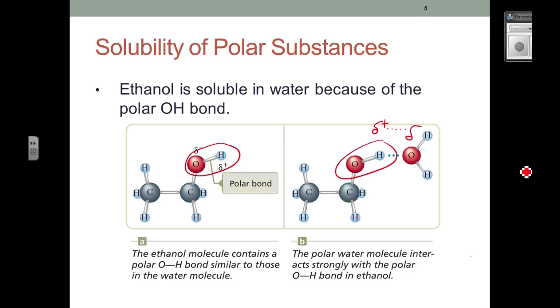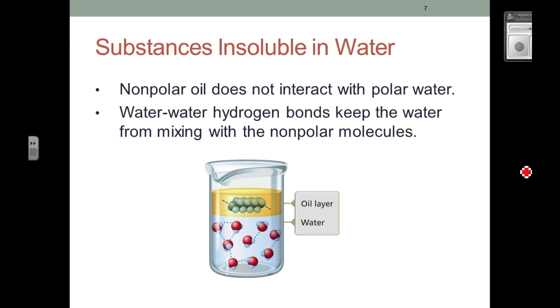What does it look like if something is not soluble in water? So right here, this is insoluble in water. We're looking here at oil and water. Oil, we're just going to draw a shorthand notation. It's a long hydrocarbon chain. So it looks like that, where at every corner there's a carbon with two hydrogens. So it's non-polar.